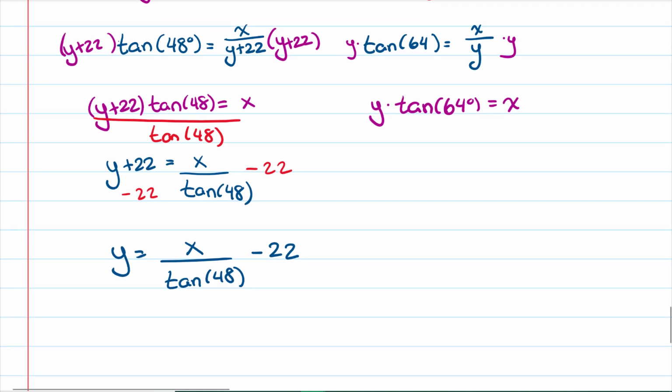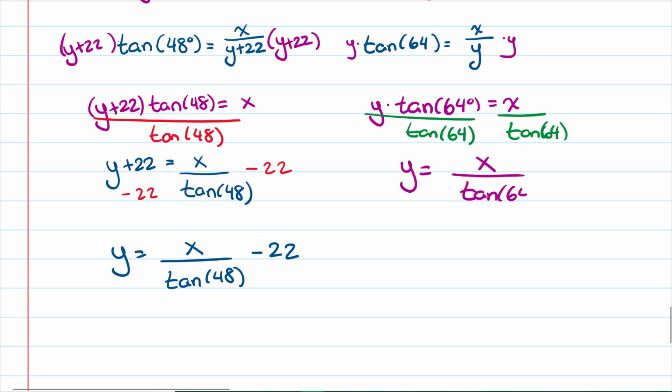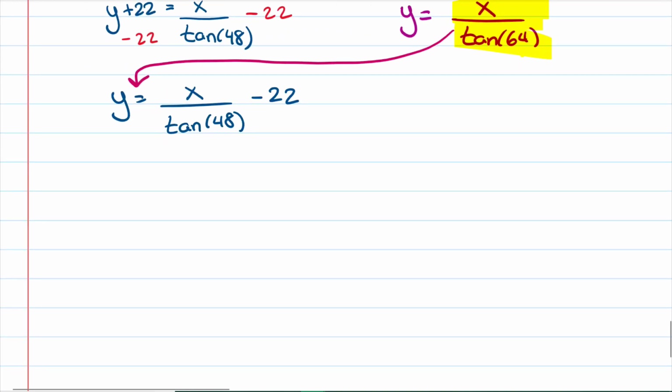So I want to solve for x, so I actually need to get this y out of here. I'm going to do that by using my other equation. So I'm going to divide both sides by tangent of 64. And so I get y is equal to x divided by tangent of 64. And I'm going to put this piece of information in there. So now I have x divided by tangent of 64 is equal to x divided by tangent of 48 minus 22.